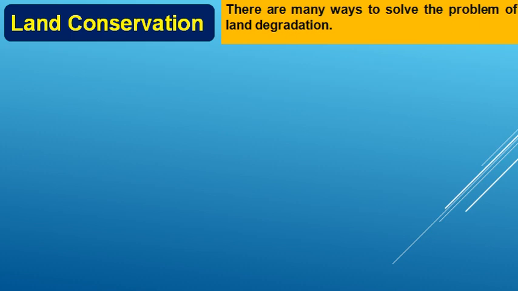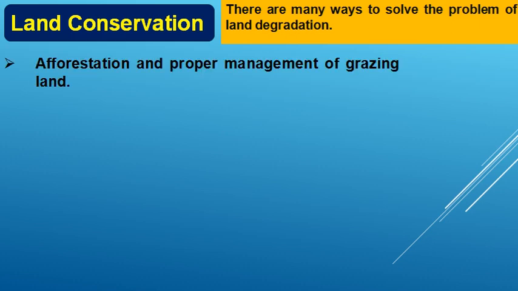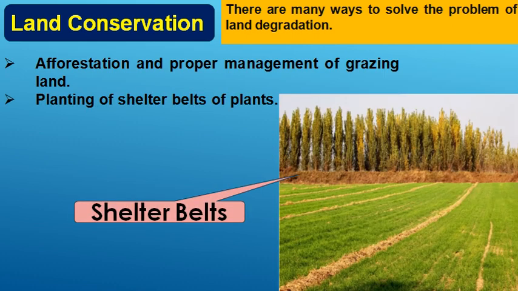Now there are many ways to solve the problems of land degradation, and they are, first one is afforestation and proper management of grazing land. Second is planting of shelter belts. Now what do we understand by this? Whenever we take an agricultural land, the upper layer of the soil is the best part of the soil.